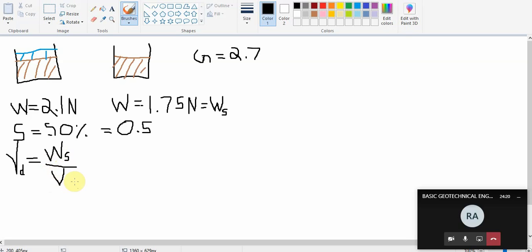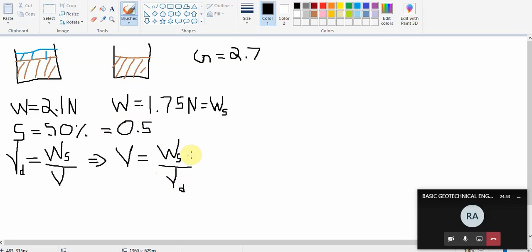Now we have to find volume of soil. If we simplify this, volume of soil is equal to weight of solids divided by dry unit weight of soil.